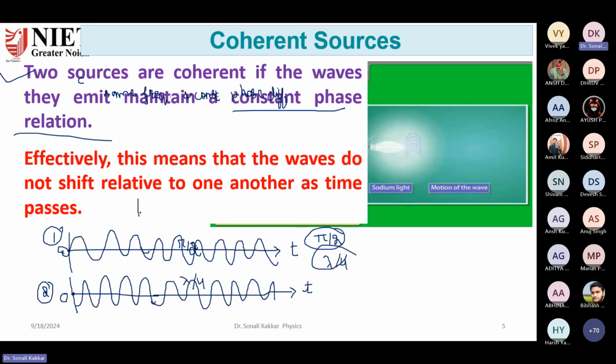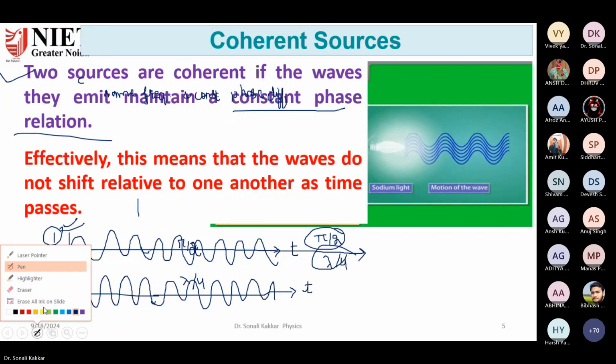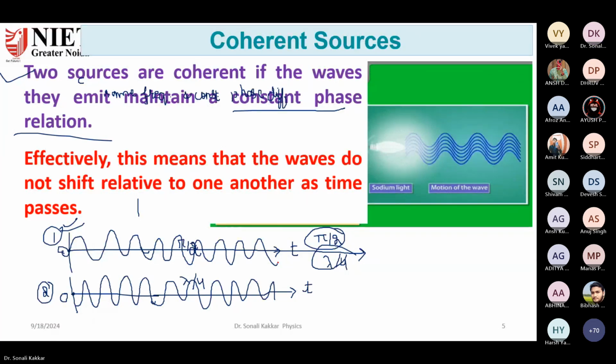But what if source 1 starts emitting after some time t, and it starts emitting a wave like this, something like this. From point t, instead of going like this, it goes like this.